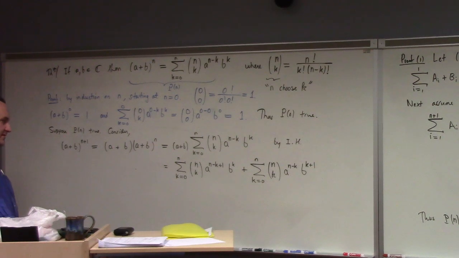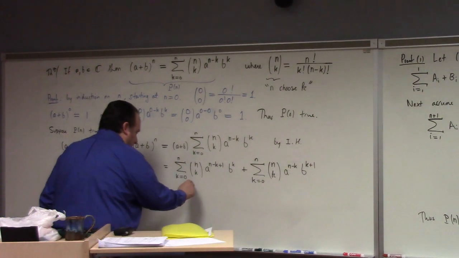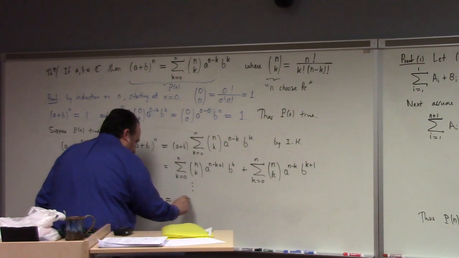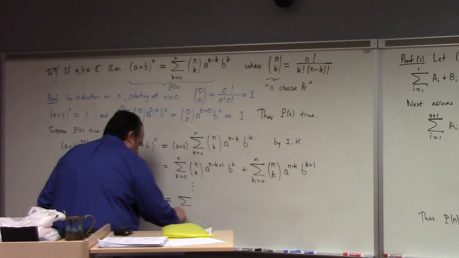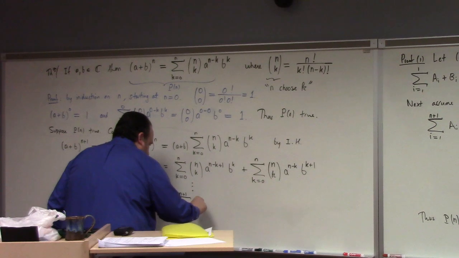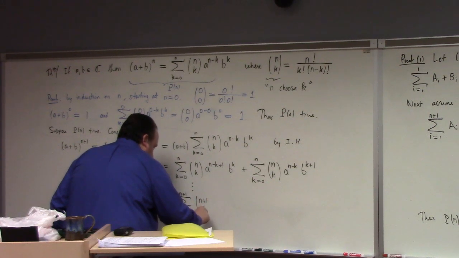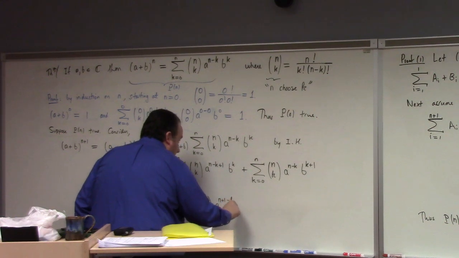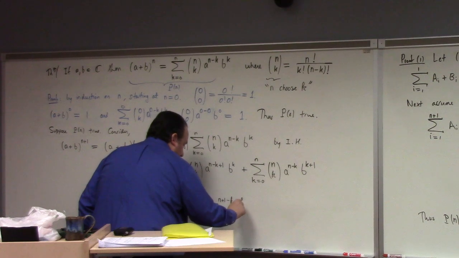Our goal is to make steps, so eventually we can go dot, dot, dot, and we'll get to the sum k equals 0 to n plus 1 of n plus 1 choose k, a to the n plus 1 minus k times b to the k.